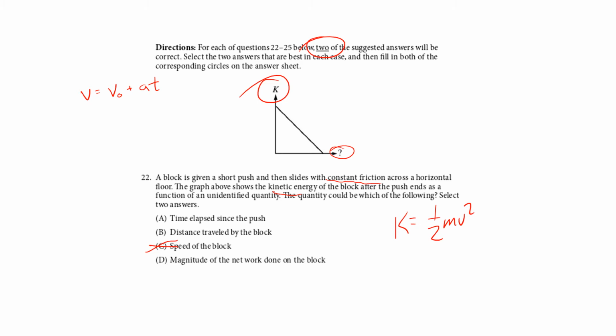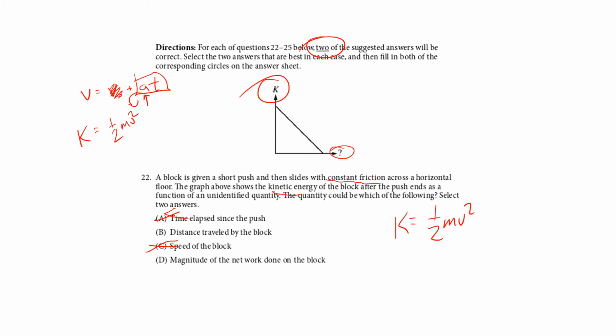Now, this is constant, and it's never going to change, so we don't care about it. This would be a linear graph, but tragically, we have 1/2 mv squared, right? Once we plug this into here, it's not going to be a linear graph anymore, so it's not going to be time. All right, it's going to be these two, and we'll show you why.